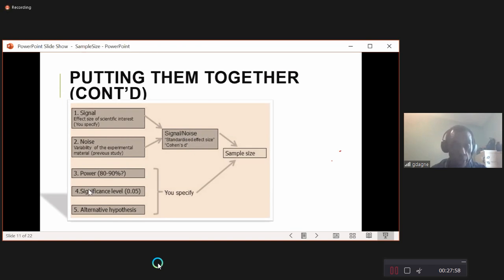It's understood that in most cases a power of 80 and above is acceptable, particularly for agencies that would give money. If you show that the sample size is big enough to give you at least 80 percent and above probability of detecting the effect when it is there, they are happy about that.